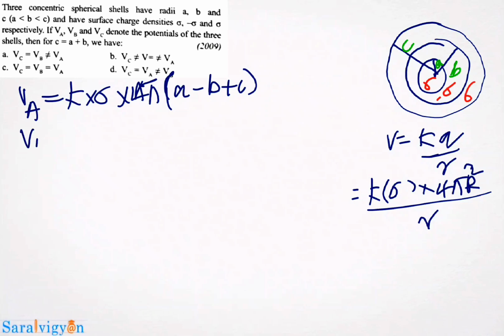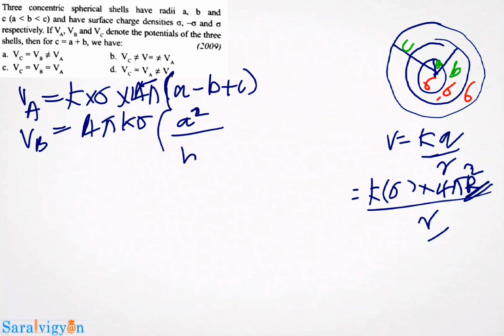So we have VB is equal to the same common 4 pi K sigma into r square by r, in which capital R is the radius, so here the radius will be the same, A square. But while taking the distance, since we are taking the potential of the B shell and the A shell is inside B, the distance will still be the B radius only, since it is inside, and we know that inside and on the surface, till it reaches its radius, it is constant.